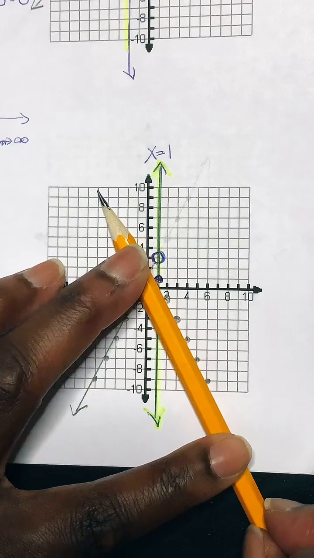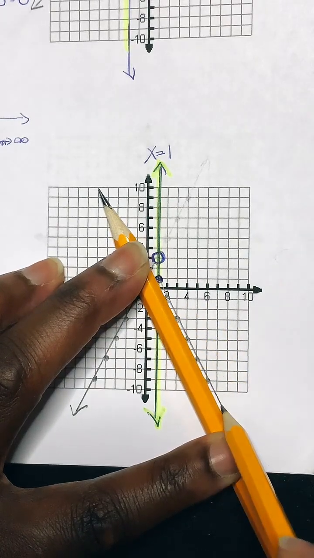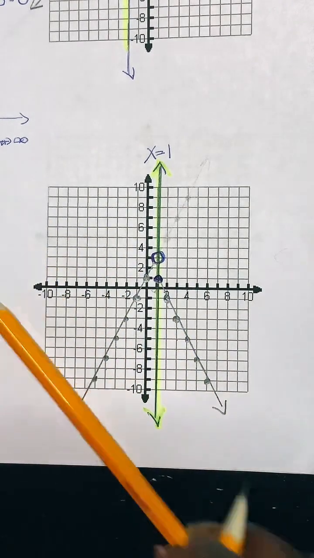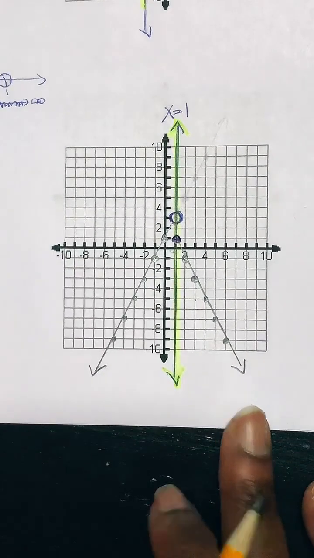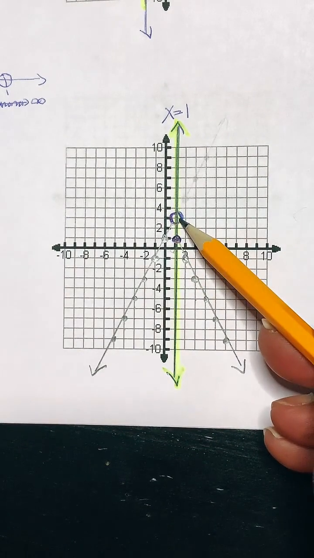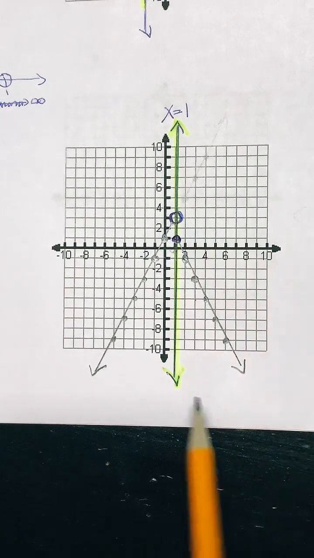And then we have our graph. Open circle at 1, 3, then a closed circle at 1, 1.